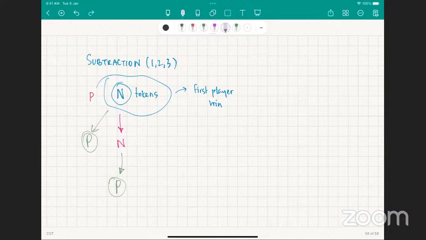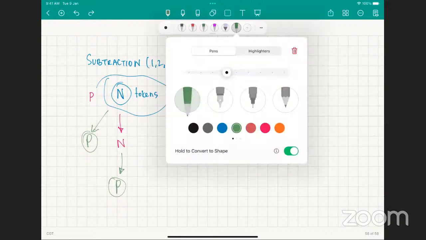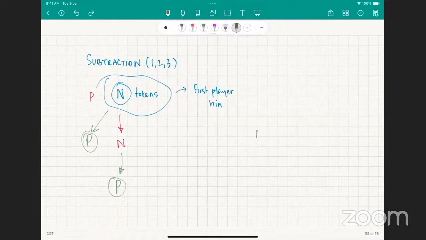So you have to find an N child from n minus 1 who has a P child that's still accessible to you at the top, right? So what are the children here? The children from n are n minus 1, n minus 2, and n minus 3.